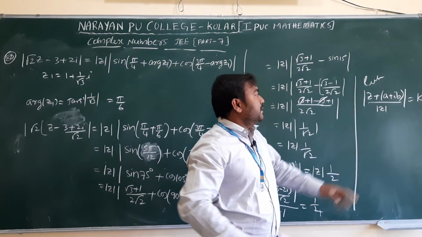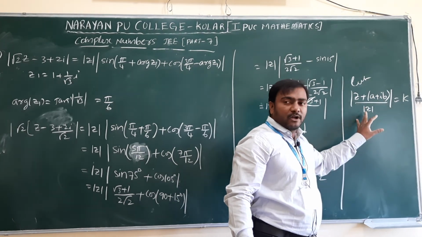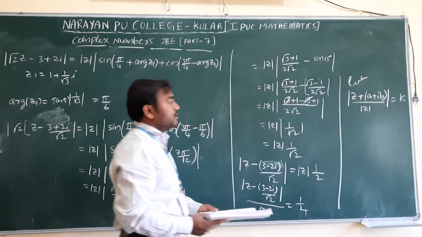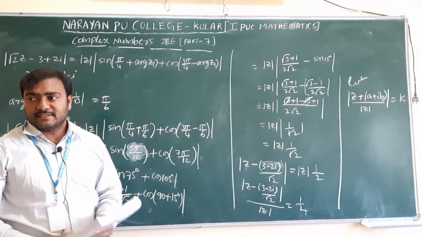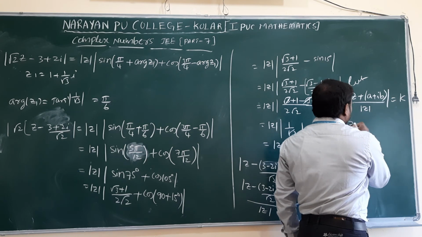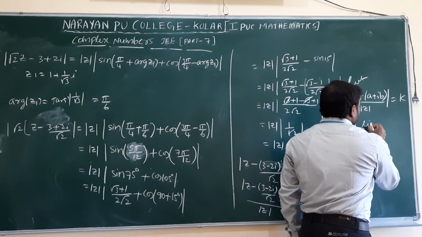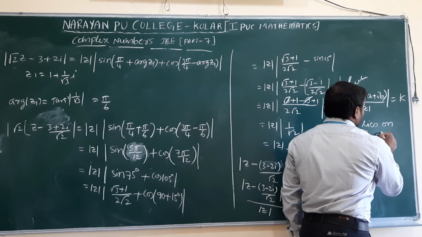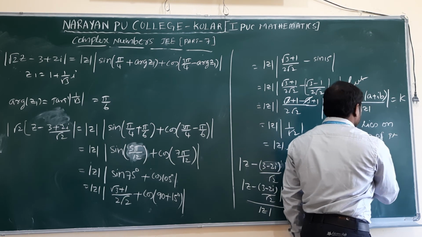Then z lies on the locus of a point on a circle.